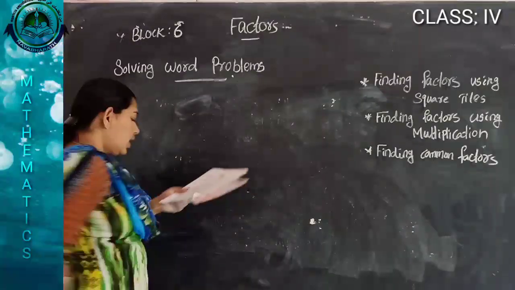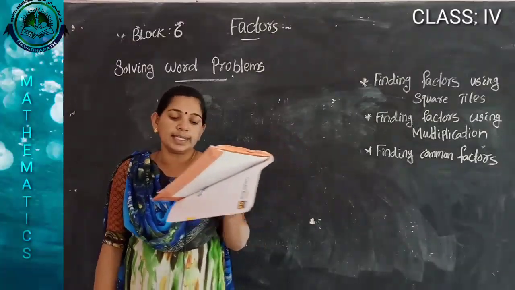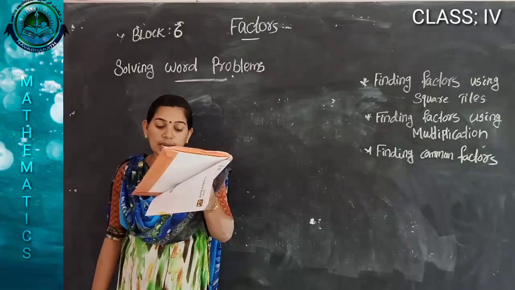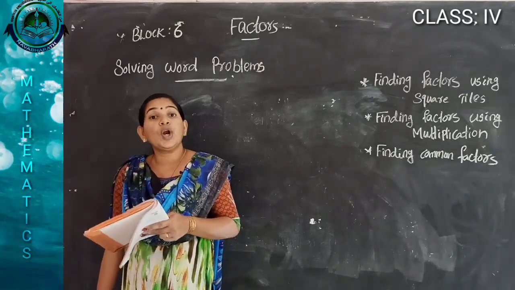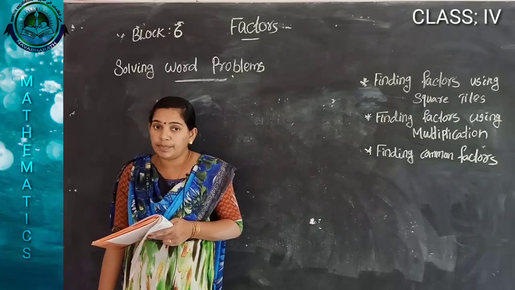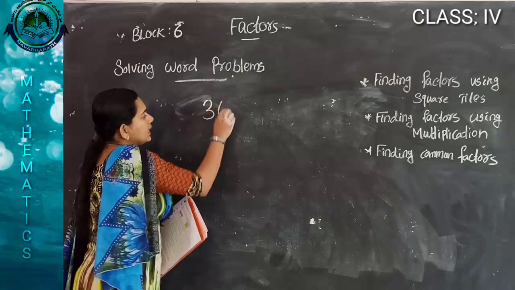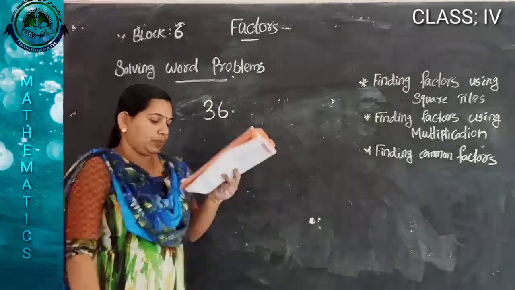Next question. Aisha wants to give 36 stamps to her classmates. She wants to give the same number of stamps to each classmate. The number of classmates is not given. Only they mention 36 stamps with her.